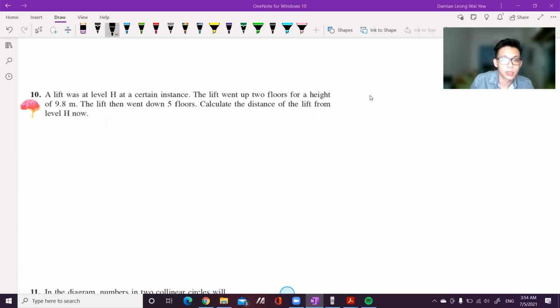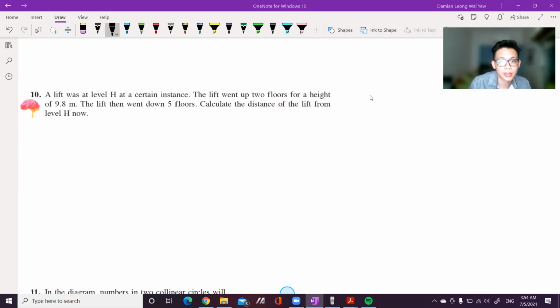Let's see where the leaf is compared to H. So we put H as 0 first. Went up, let's count it as positive. It went up 2 floors for a height of 9.8 meters.